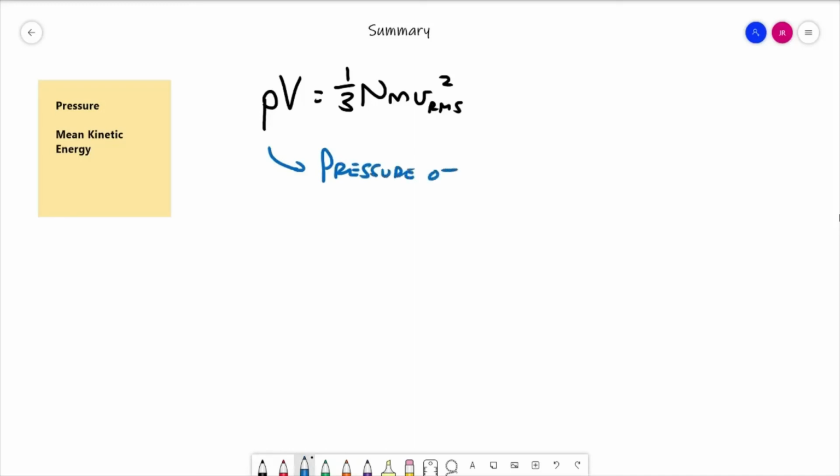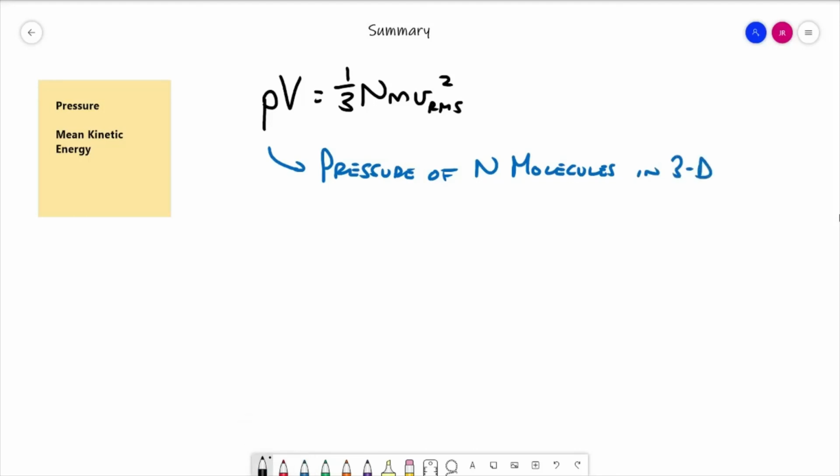The two key things that we need to get out of this video are, first, pressure. Remember that the pressure times the volume is a third NMV RMS squared, and that represents the pressure of N molecules in 3 dimensions.